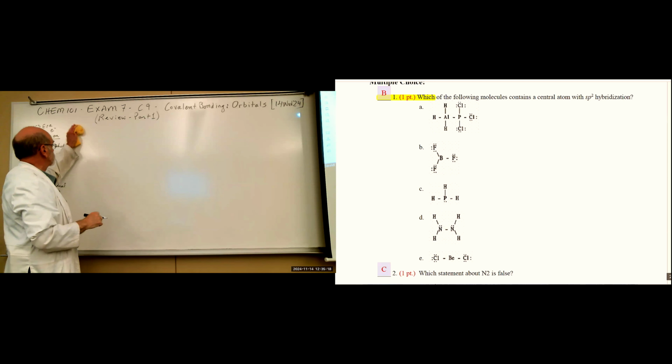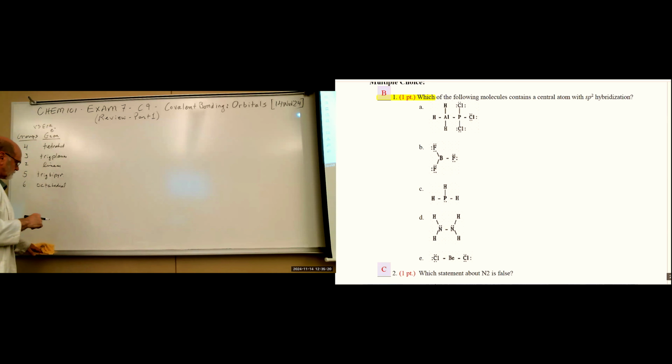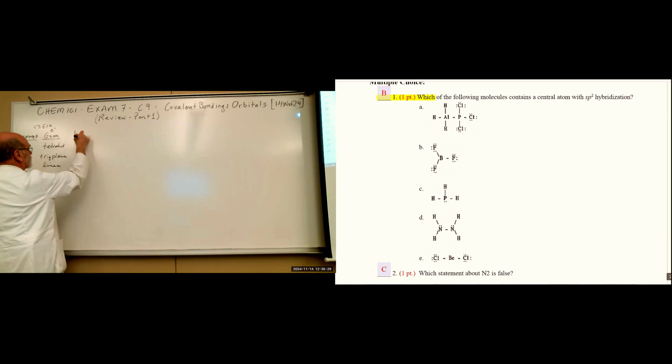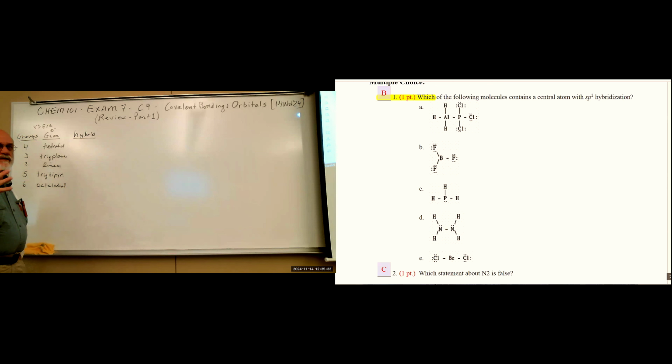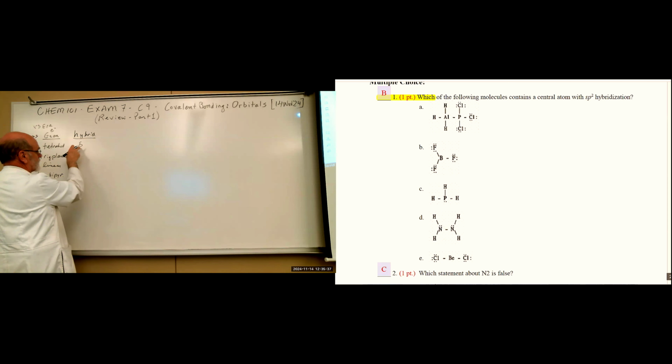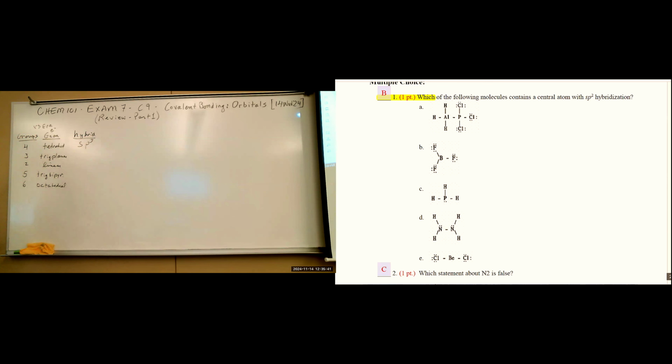Okay, so if we need to hybridize, we count up the required number of groups, and we start with the S's and the P's. If we need 4, we need the S that we have, and we need all 3 of the P's, because there are 3 orbitals in the P subshell.